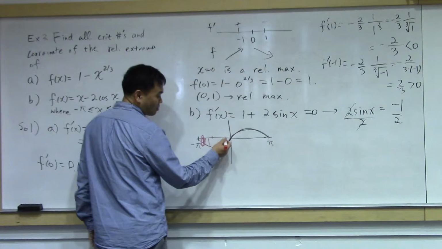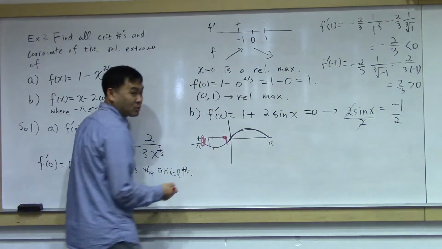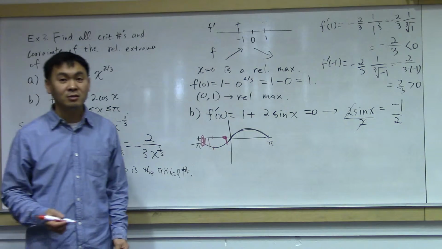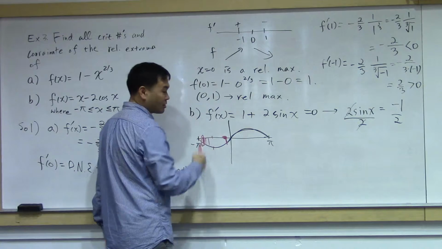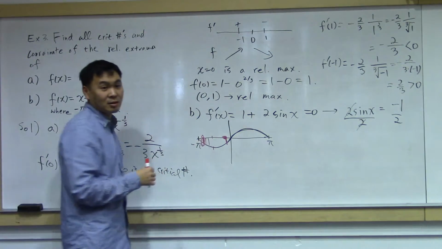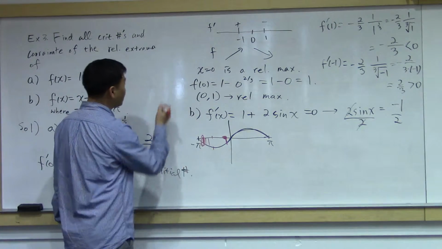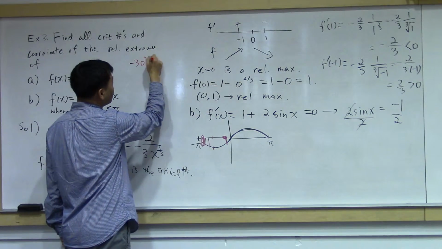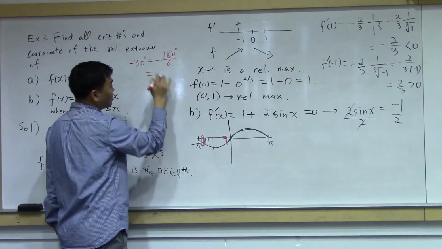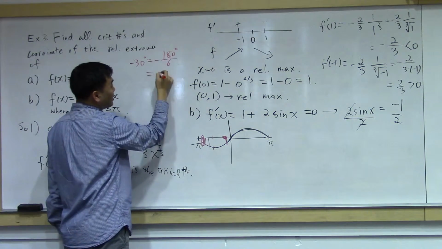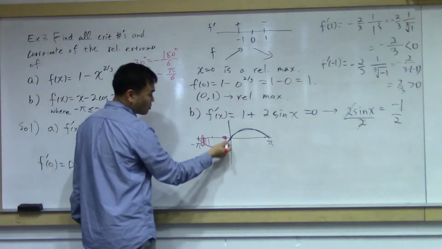I guess the easiest one is this one. What is this in terms of degrees? Negative 30 degrees, right? Because you have to say negative 30 because it's this side. In terms of radians, what is it? Pi over 6. Okay, 30 degrees. Negative 30 degrees is negative 180 divided by 6. 180 divided by 6 is 30, right? But 180 is pi in terms of radians, so negative pi over 6 is one such solution.